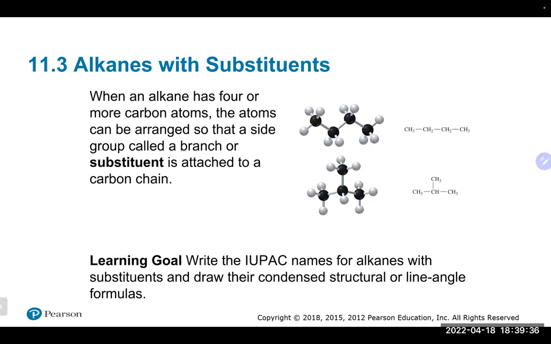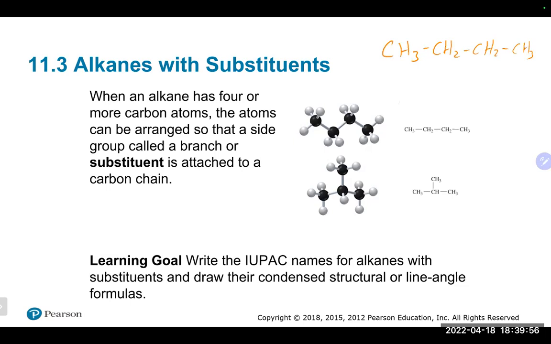So if we look at each of these things here, we basically have the exact same number of elements present. So for example, let me just write this one bigger here. We have CH3, CH2, CH2, and CH3.